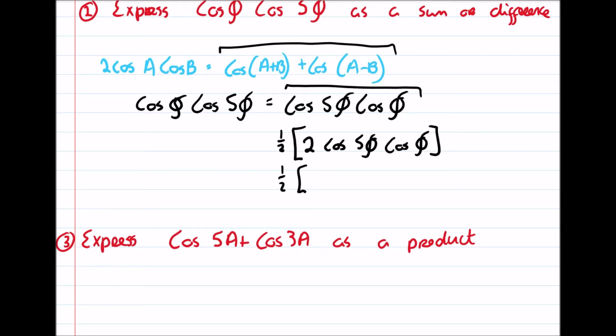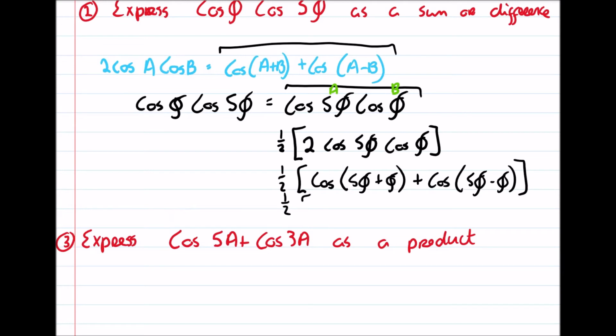Remember, here is my A, here is my B. So it will be based on the formula cos 5 theta plus theta plus cos 5 theta minus theta. So we'll be left with half cos 6 theta plus cos 4 theta. And that's that done. Great.